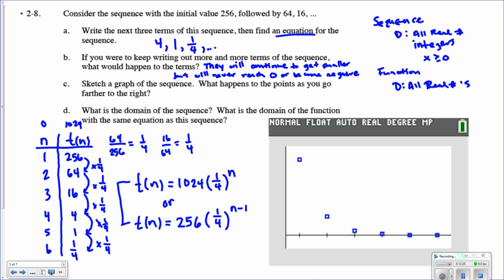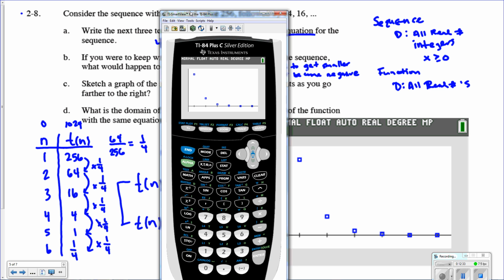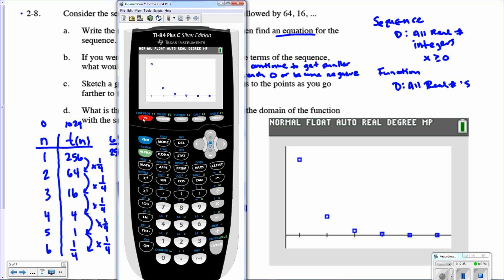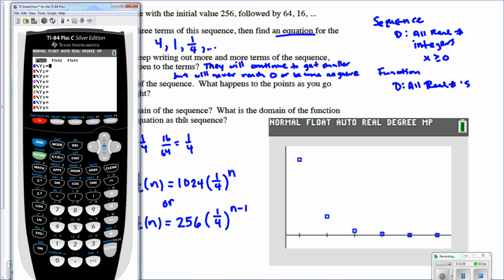And you'll see that here. I'll pull out my calculator again and show you that when I graph the function that we came up with here, let's do this function here. We're going to say t of n, or y, equals 256 times our multiplier, 1/4.